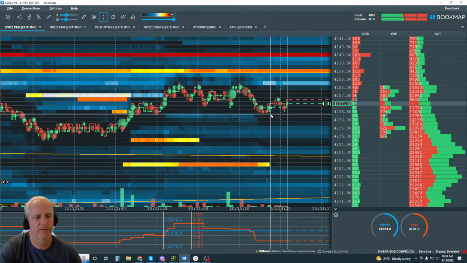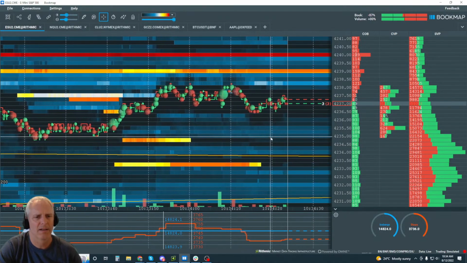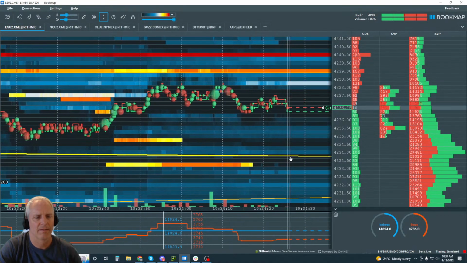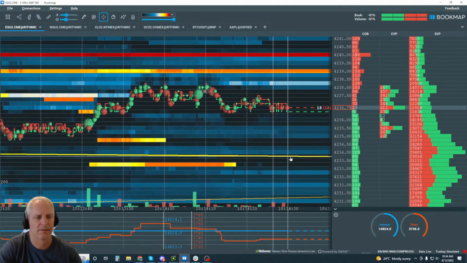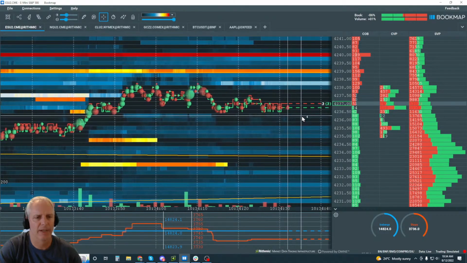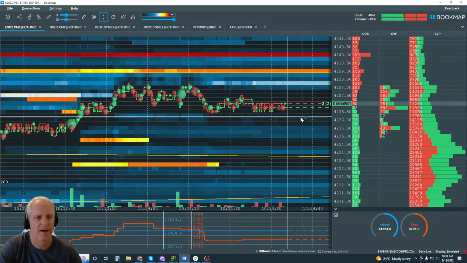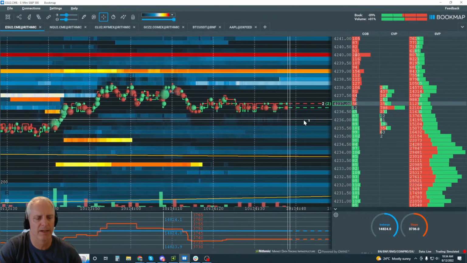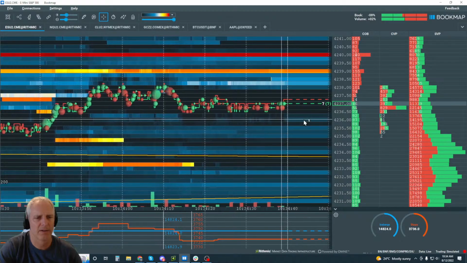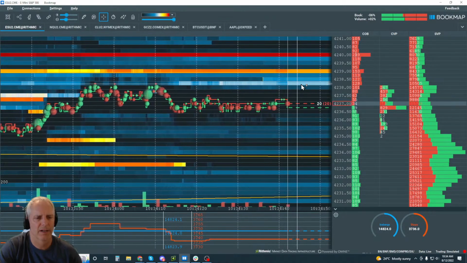Pulling up here, adding and pulling. Okay, let's see if we get it here. On the bid, looking for that bid, and let's see if we get some buyers pulling.